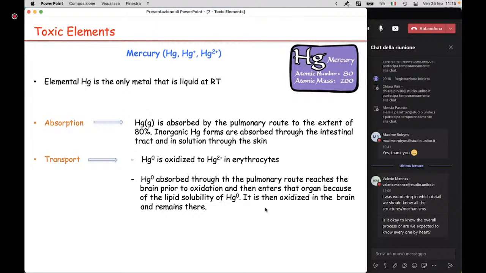But you don't have to learn anything by heart. Maybe you will have to learn by heart some toxic effects or some properties of a class of poisons, but not structures, I think, at all.